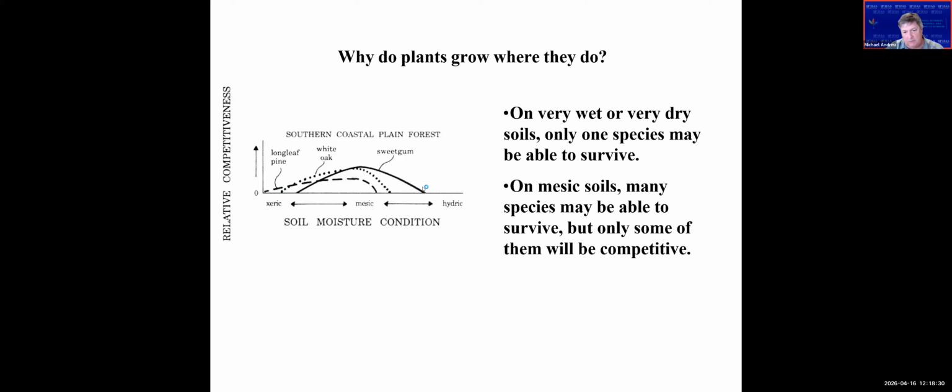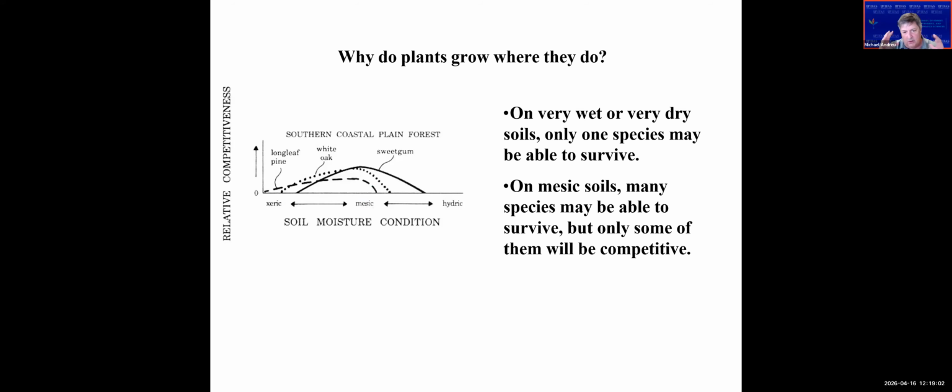Meanwhile, if we go over to the hydric end of this graphic, we see the same sort of thing in those wetter sites. As it gets wetter and wetter, sweet gum is the dominant species. But if we look right there in the middle, mesic, all three show up. However, if you look at the curve height, the relative competitiveness of the three is not the same. In the mesic site conditions, longleaf is much lower than sweet gum and white oak.